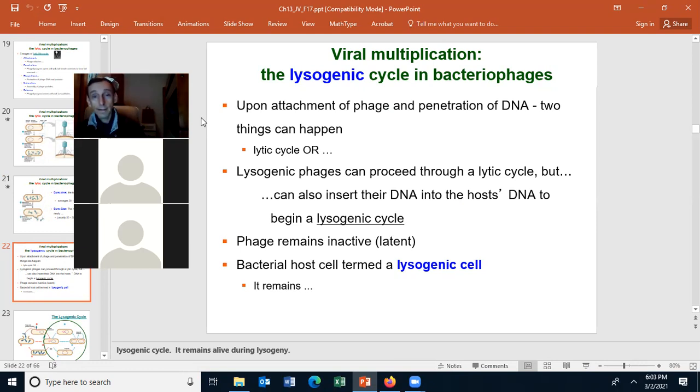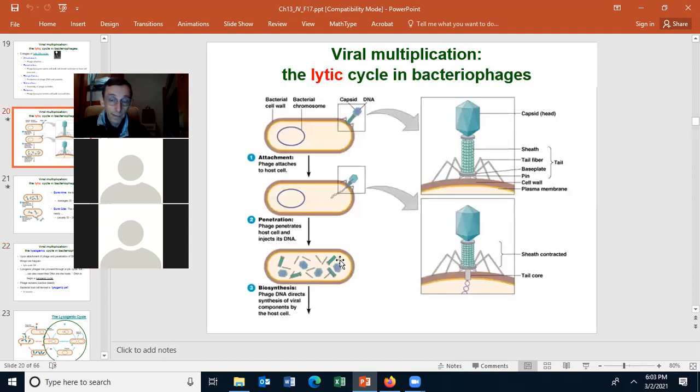So when a lysogenic virus infects a cell, it immediately has to decide which life cycle to enter, the lytic life cycle or the lysogenic life cycle. Once it infects the cell, if it chooses the lytic life cycle, we then have the process of the lytic life cycle, which is the same for a lytic virus.